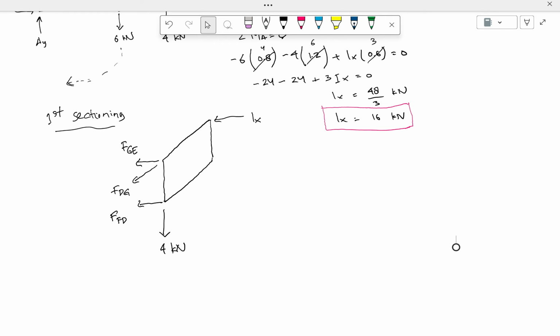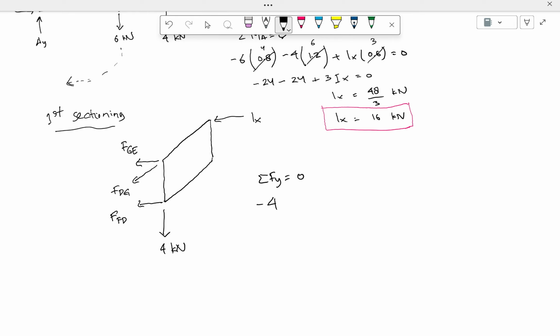Because if you take a look at this, sigma Fy, sigma force in the y direction, only 4 kilonewtons and DG, because those are the two forces that work in the y direction. So let's calculate sigma Fy equals 0. So you have minus 4, right?